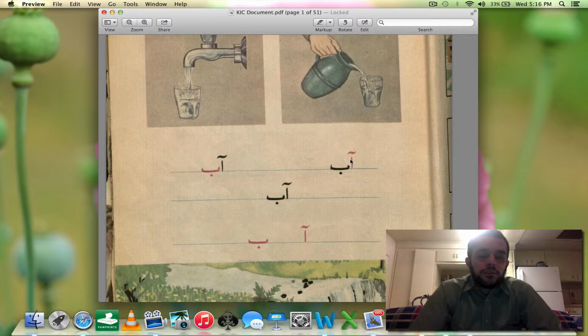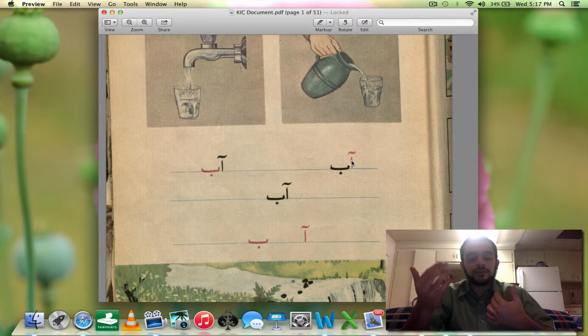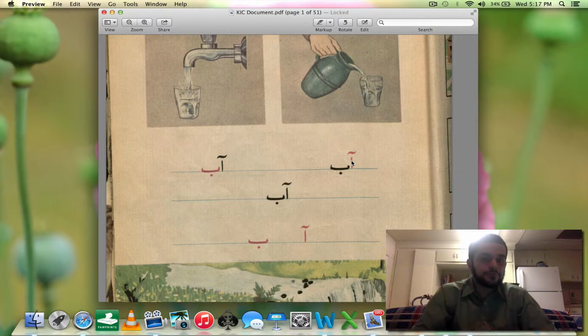If you remember in the earlier videos, I just said that in Farsi, we don't have, unlike English and any other Latin-based language, letters capitalized at the beginning of each word. So each letter has its own capital form. And you don't just capitalize the first letter of the first word in the sentence.